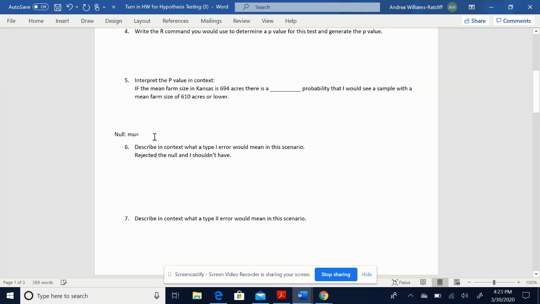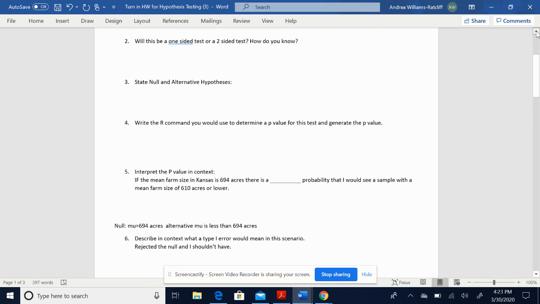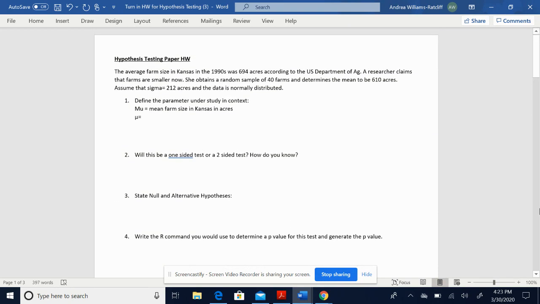My mu value is 694 acres. My alternative was mu is less than 694 acres. So I got those straightened out now based on the information. So let's look, yeah, that's correct.